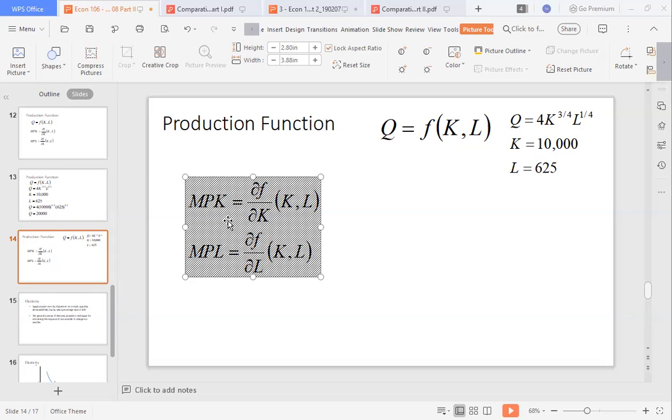So that's MPK. Now we can just say it's partial Q, partial K, because again we have a production function. We now have a function here. So that's partial Q, partial K.